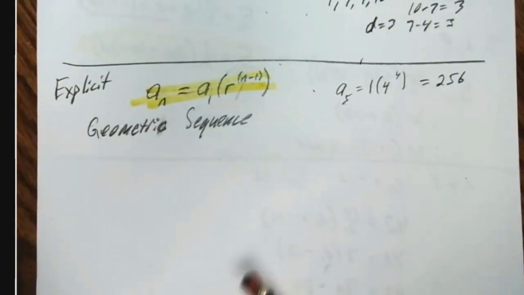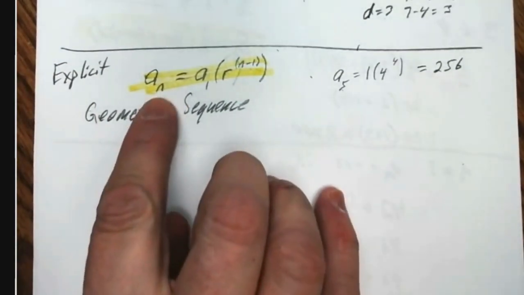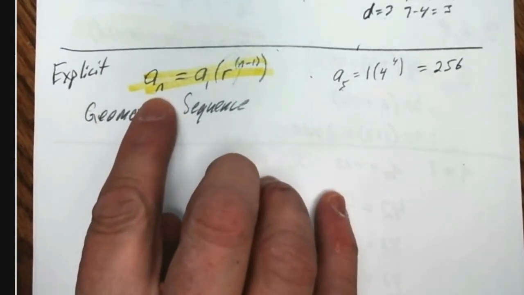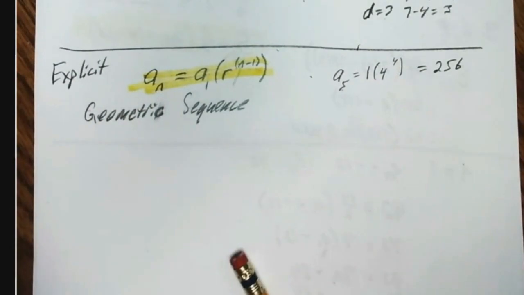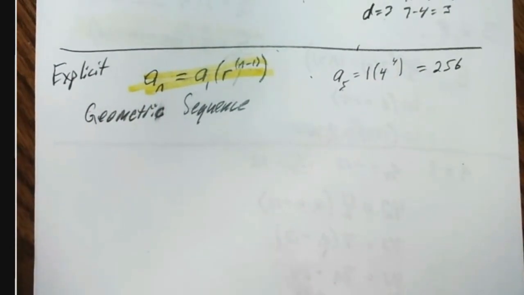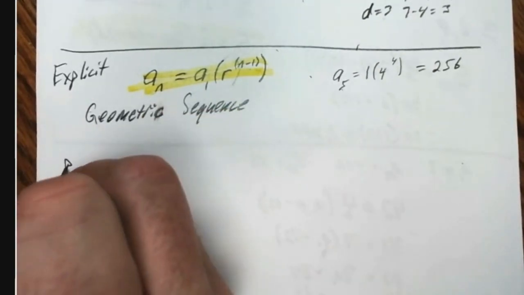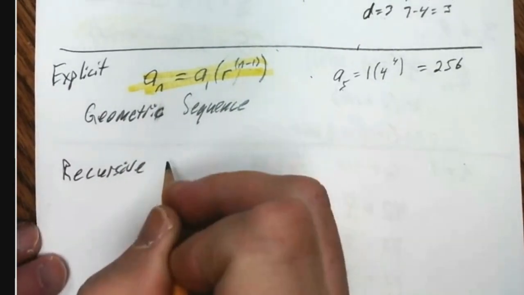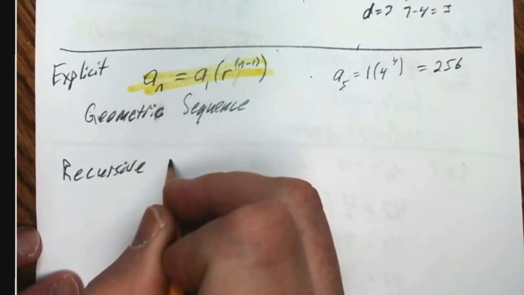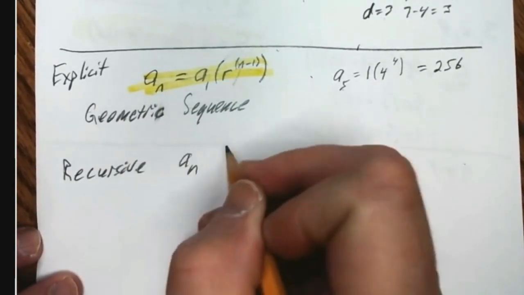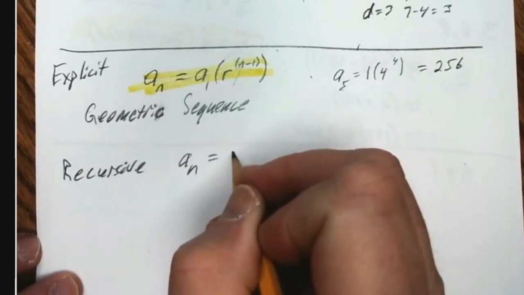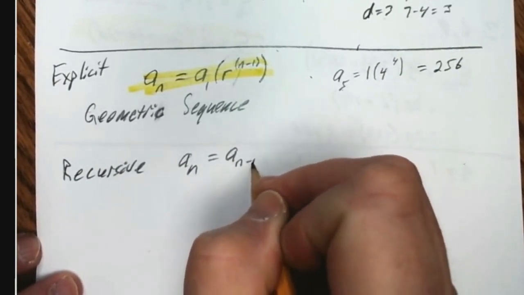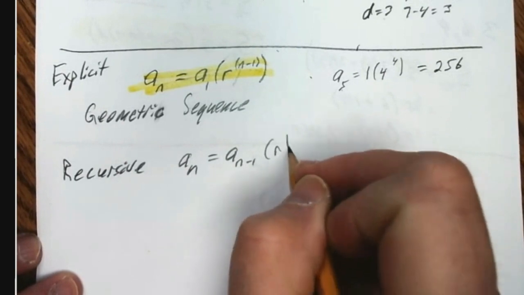That's not recursive. We don't have to know A sub 4 in order to find A sub 5. This is the explicit formula. We do have the recursive formula too. We have to know the one below it. A sub n is just A sub n minus 1 times r.